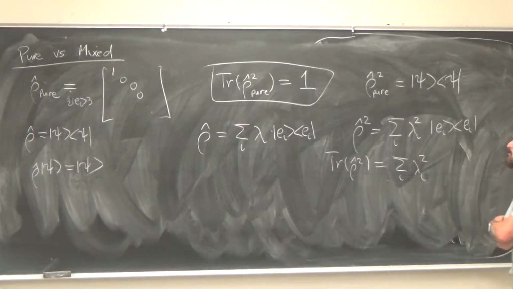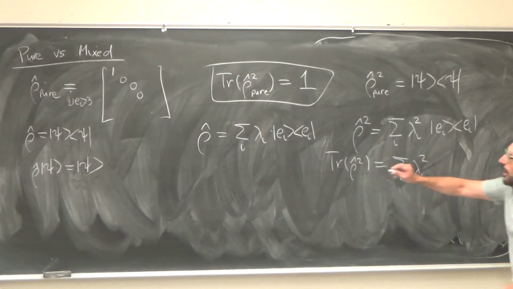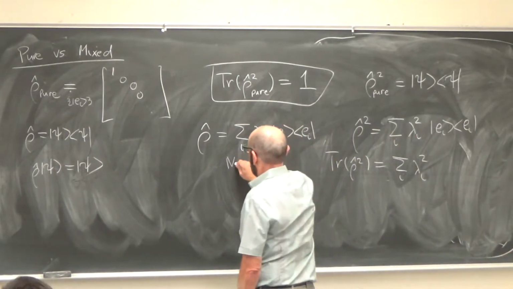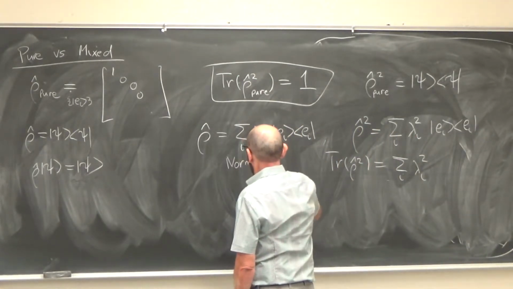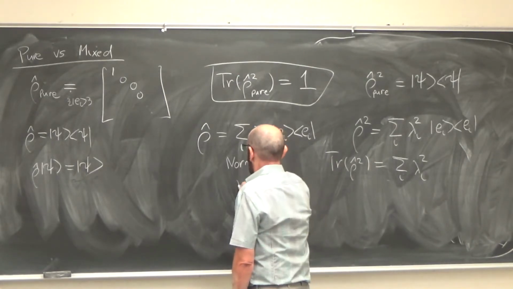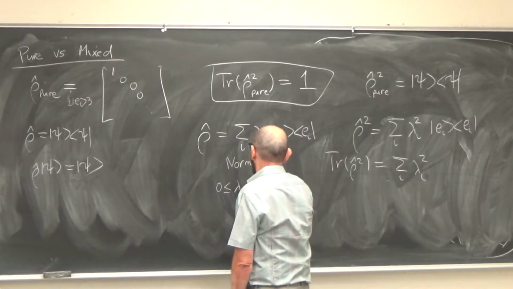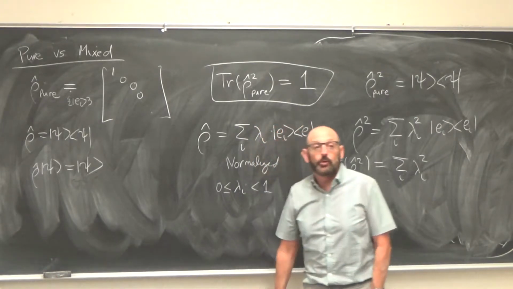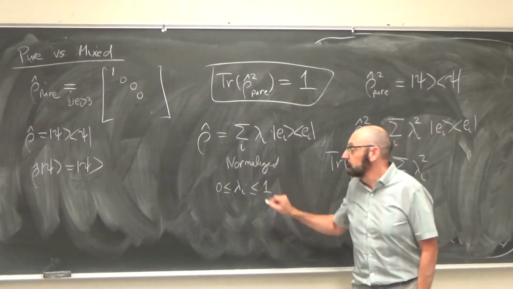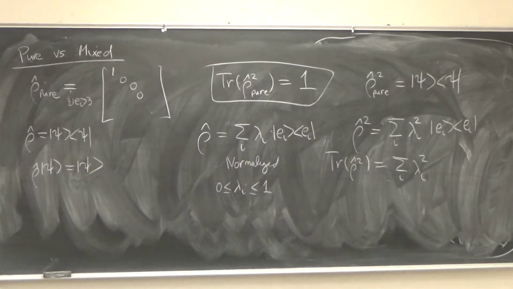What is its maximum and minimum possible value? Let's say this is normalized, so all of these are between 0 and 1, positive numbers smaller than 1.